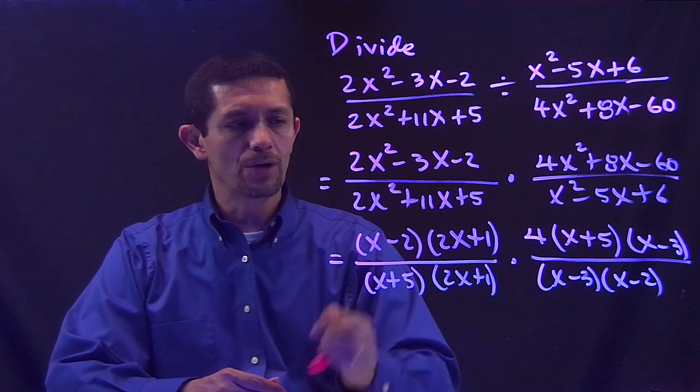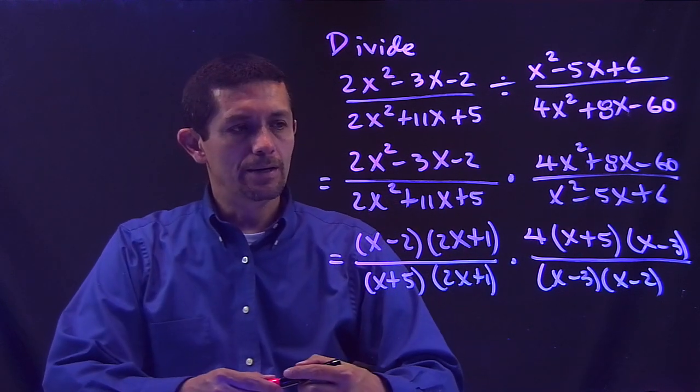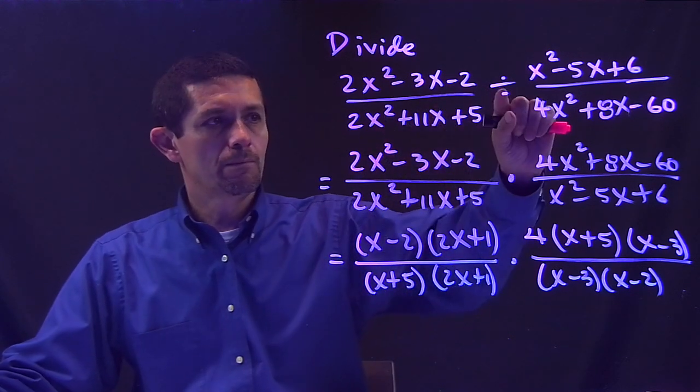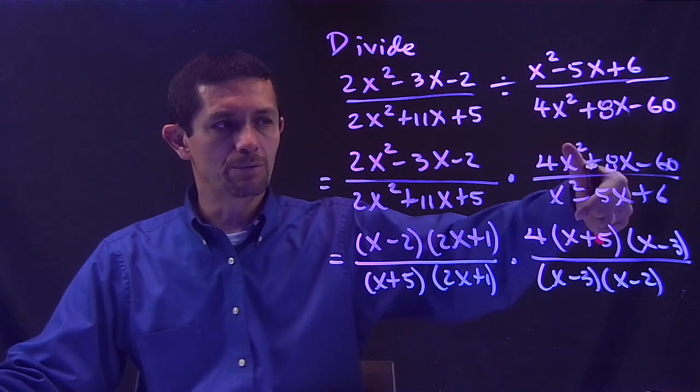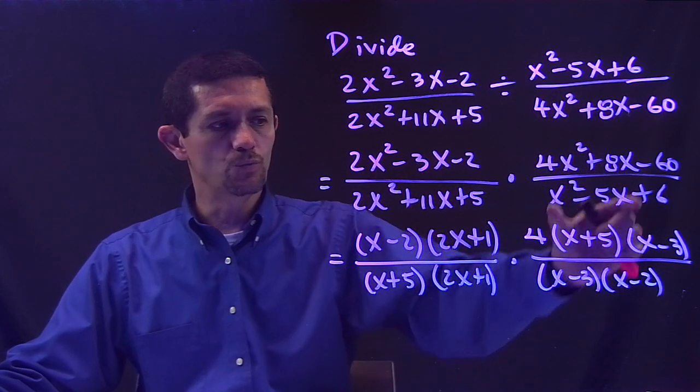There's a different video for every single problem. I don't want to do it here because it's going to take me a long time. So: dividing rational expressions, flip the second fraction, factor each one of them, and I did factor each one of them.